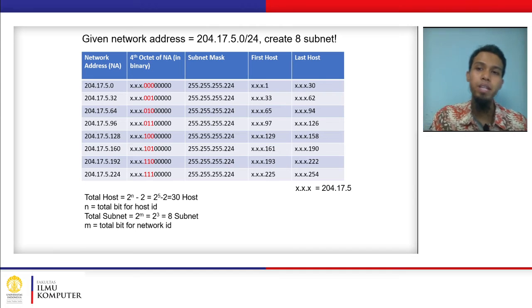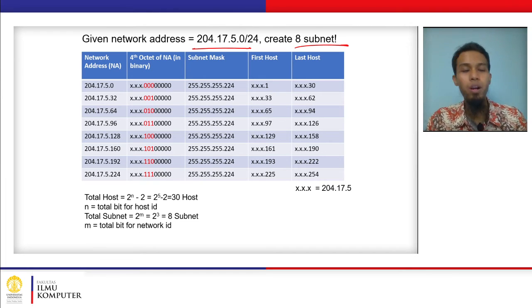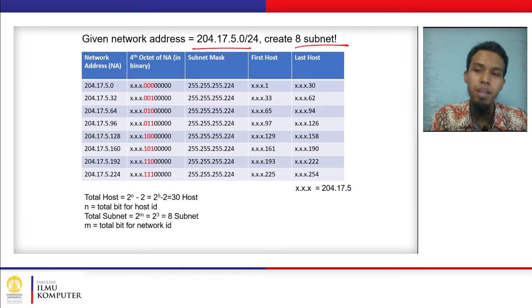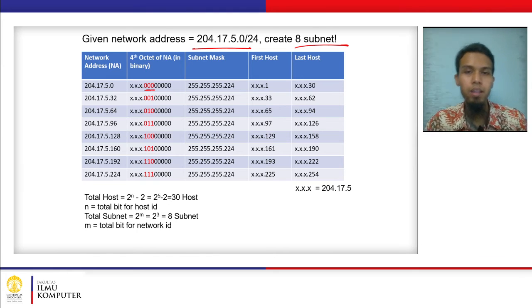Now another example. Given the same IP network address, we are asked to create 8 subnets. Since we want 8 subnets, we have to take 3 bits from the original host bits, which become the subnet part. So we take 3 bits for the subnet part, and the remaining 5 bits are for the host.